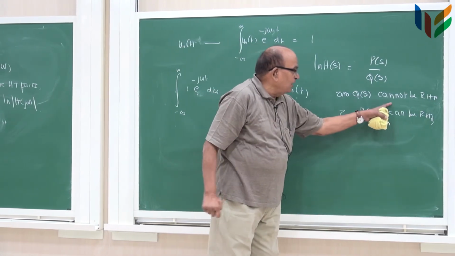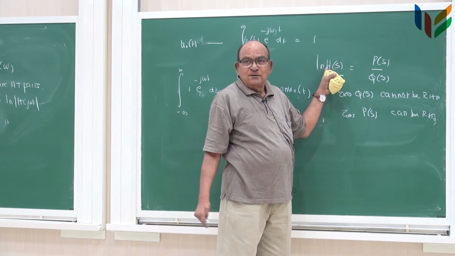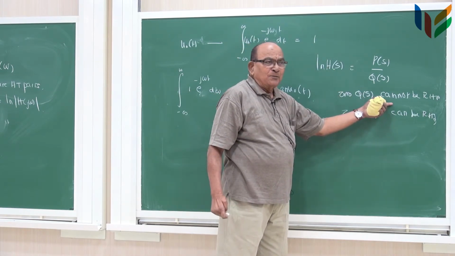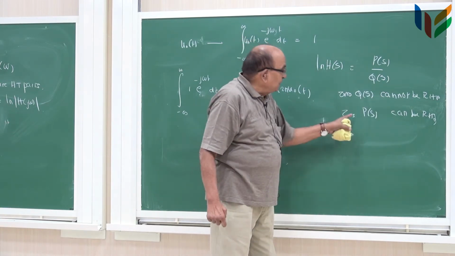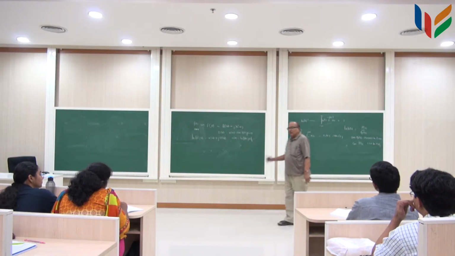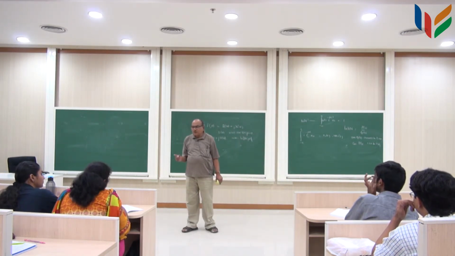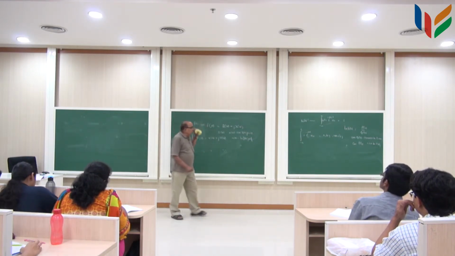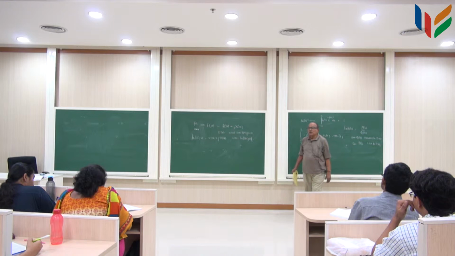If there is a pole in the right half plane, then log will also have the same pole at the same point, because log infinity is also infinity. But there is no pole in the function log H in the right half plane. But zeros of this can be there in the right half plane. The logarithm of a zero in the right half plane will also be a pole, which is not allowed in the right half plane, because this function has to be a causal function. So P(s) also should not have zeros in the right half plane.